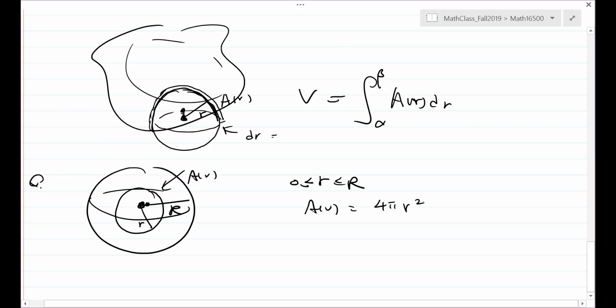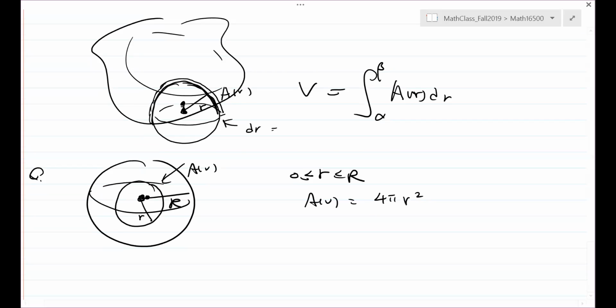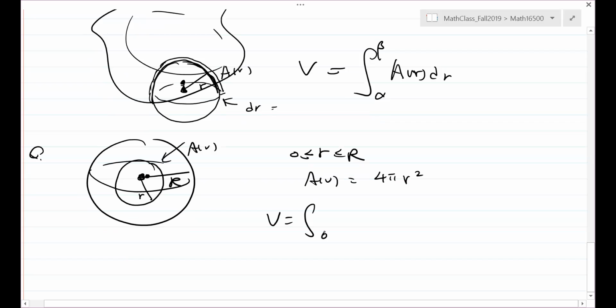You have to assume that you already know the surface area of the sphere. Then you use that to find the volume. So the volume is the integral from 0 to capital R of A(r) dr. The volume of the sphere is just the integral of the surface areas of the spheres, exhausting the whole region from the center to one side.